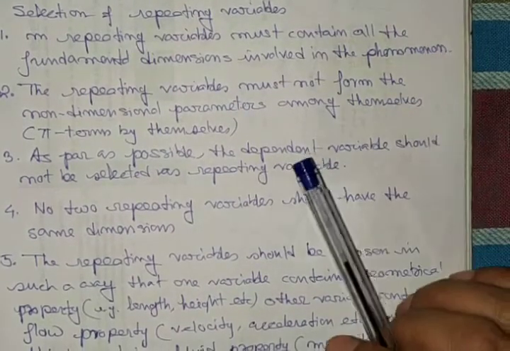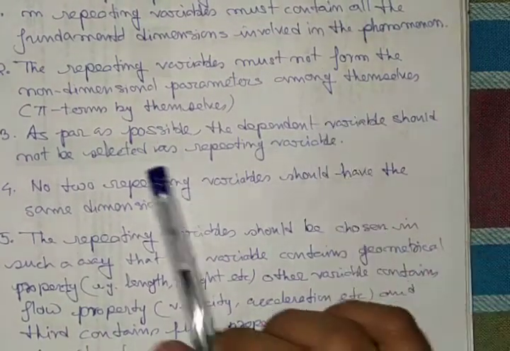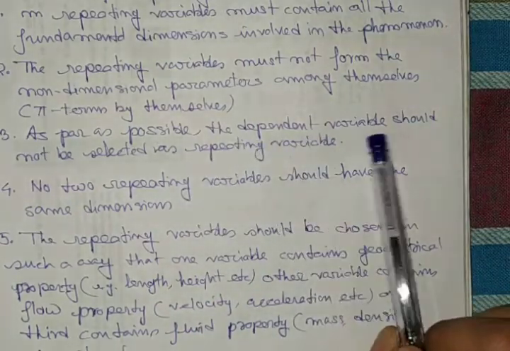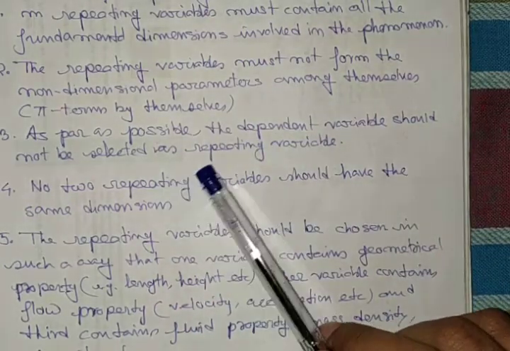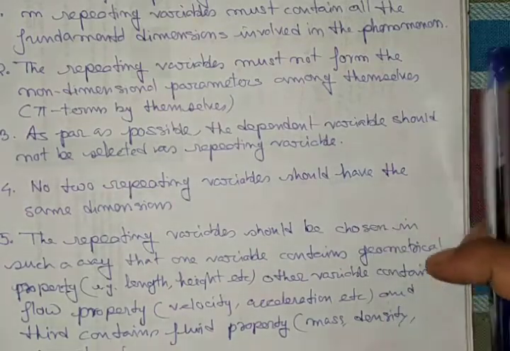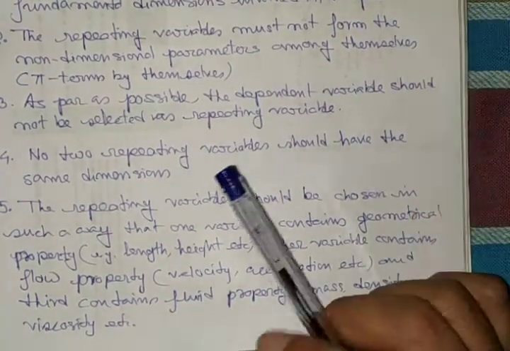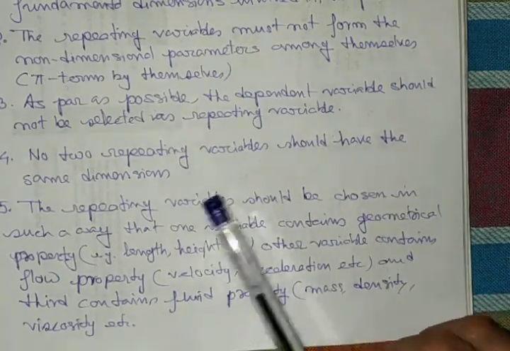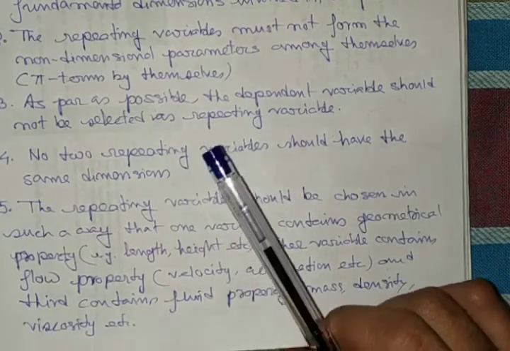Number 3, as far as possible, the dependent variable should not be selected as a repeating variable. Number 4, no two repeating variables should have the same dimension.